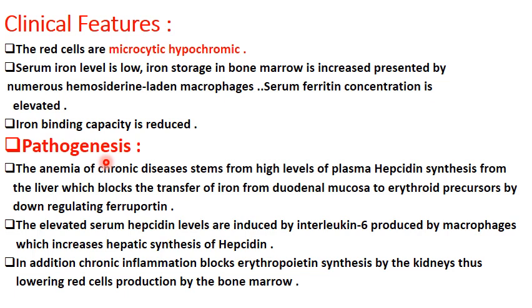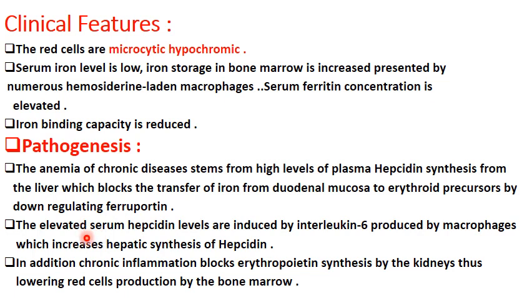The pathogenesis of the anemia of chronic illness. This type of anemia stems from a high level of plasma hepcidin synthesized by the liver. This blocks the transfer of iron from the jejunal mucosa to the erythroid precursors by downregulating ferroportin.